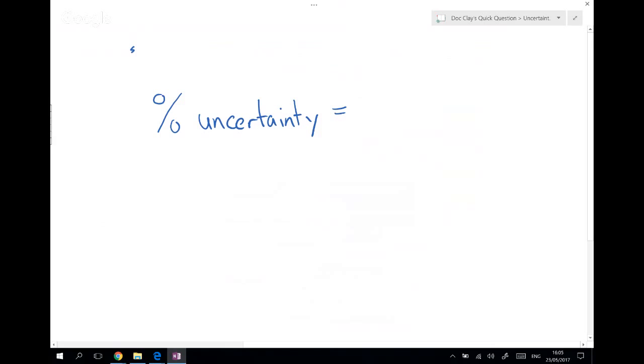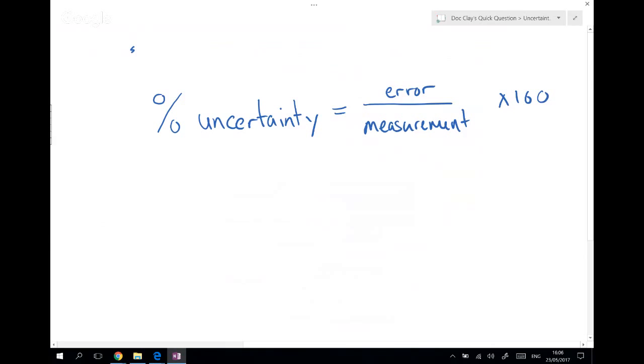It's a measurement of the error in your practical divided by the measurement that you take, and then multiplied by 100.